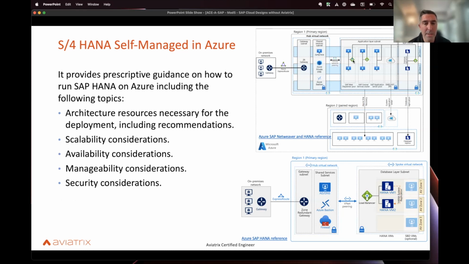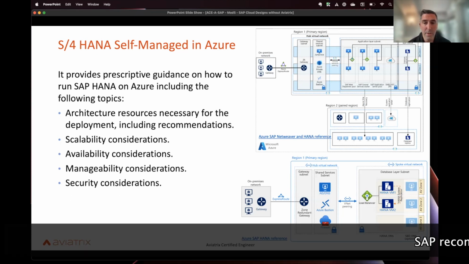In AWS, you didn't see load balancers, and that's because SAP doesn't recommend using load balancers in AWS for the application and database layer. They recommend using the overlay IP with that infrastructure. You notice here they do.